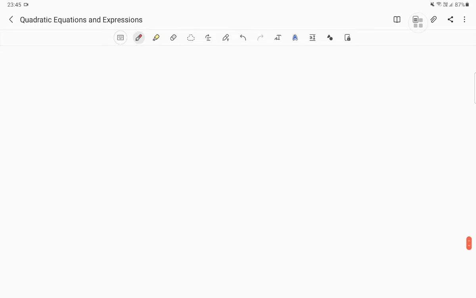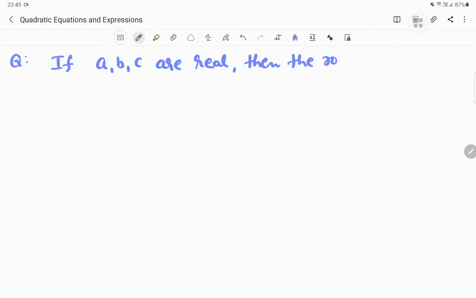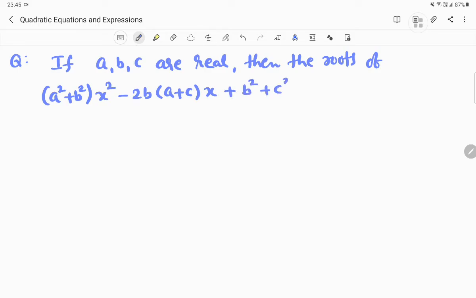So based on the roots, one question: if a, b, c are real, then the roots of the equation (a² + b²)x² − 2b(a + c)x + (b² + c²) = 0 are real and equal.